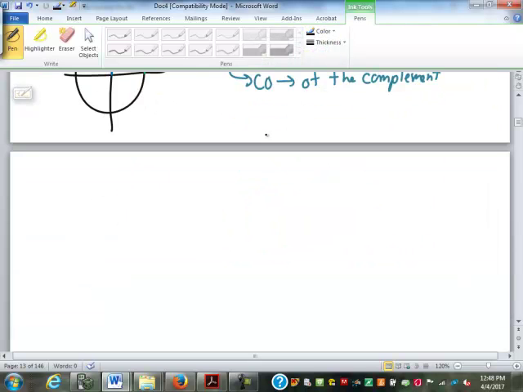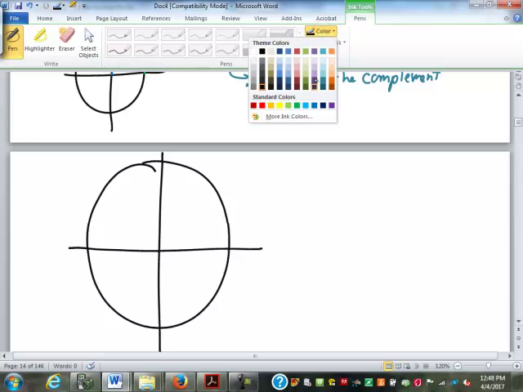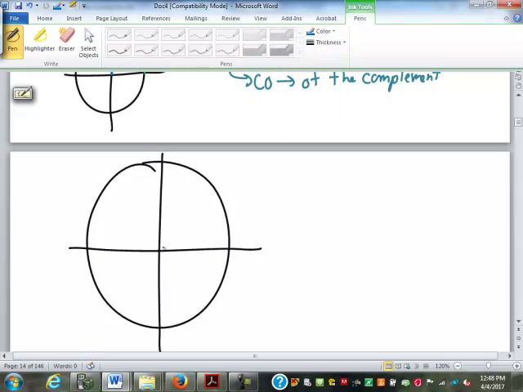So let's take a look at that. Here's a unit circle, and I'm just going to put an angle on here. I'm going to say this is 35 degrees here. Its sine is this distance right here. That's its sine, abbreviated SIN for sine. Where is the complementary angle? Well, the cosine is the sine of the complement.